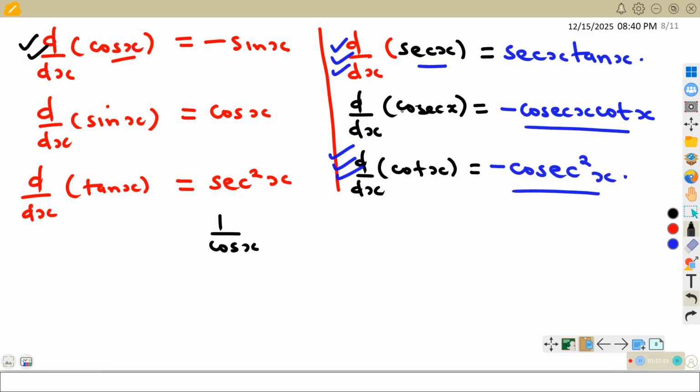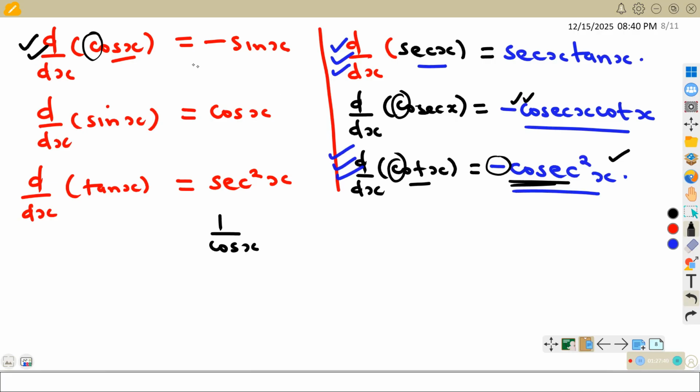When you look at differentiating cosec, you are getting negative cosec cot. When you look at differentiating cot, you get negative cosec squared. So you realize that the trig functions which start with c, when you are differentiating them, you get a what?